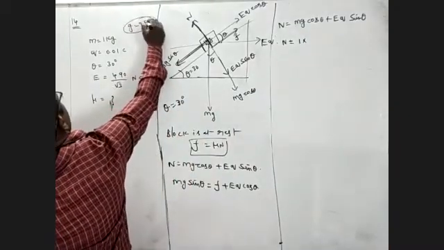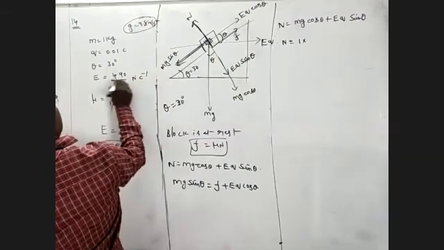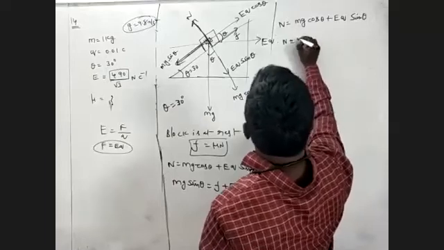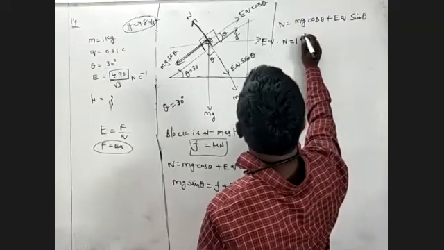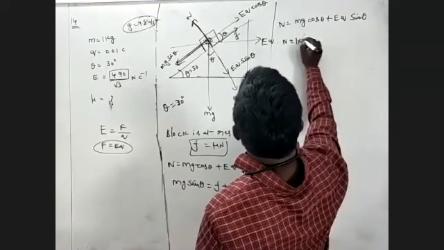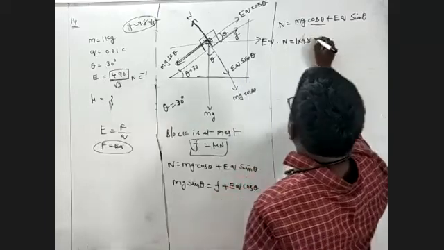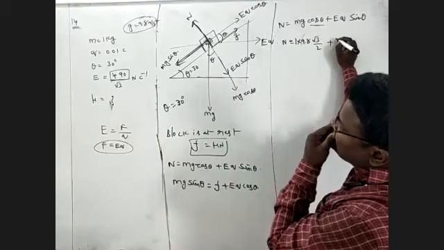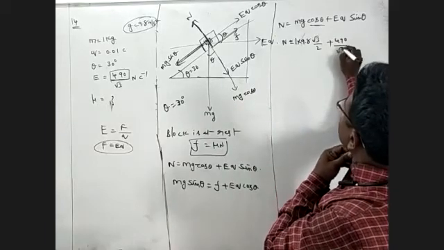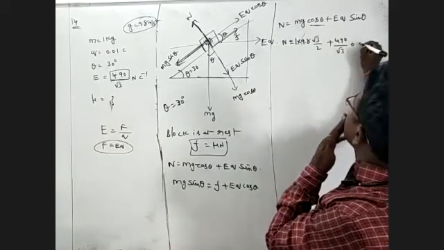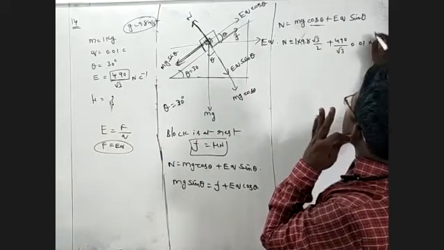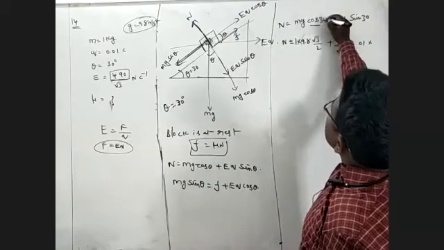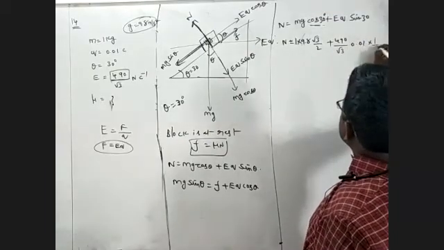Why 9.8? Because we are taking 490. So N equals 1 into 9.8 into cos 30, root 3 by 2, plus E value 490 by root 3, Q value 0.01, sin 30. Sin 30 is 1 by 2, and cos 30 is root 3 by 2.